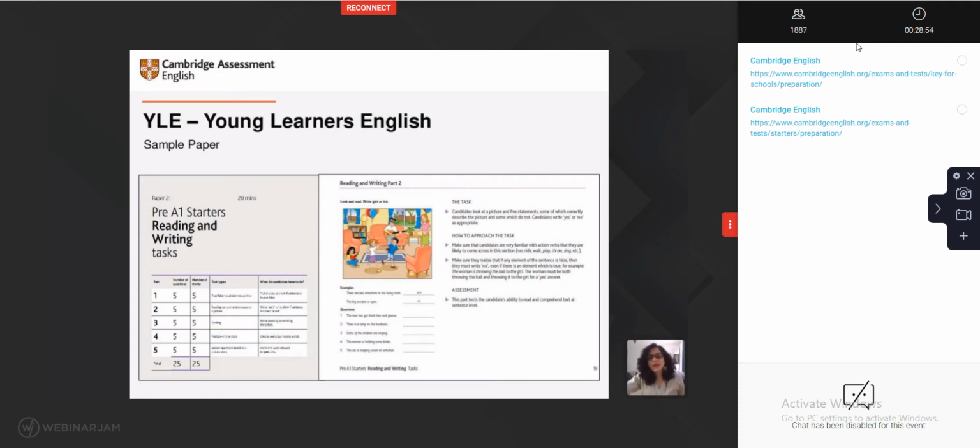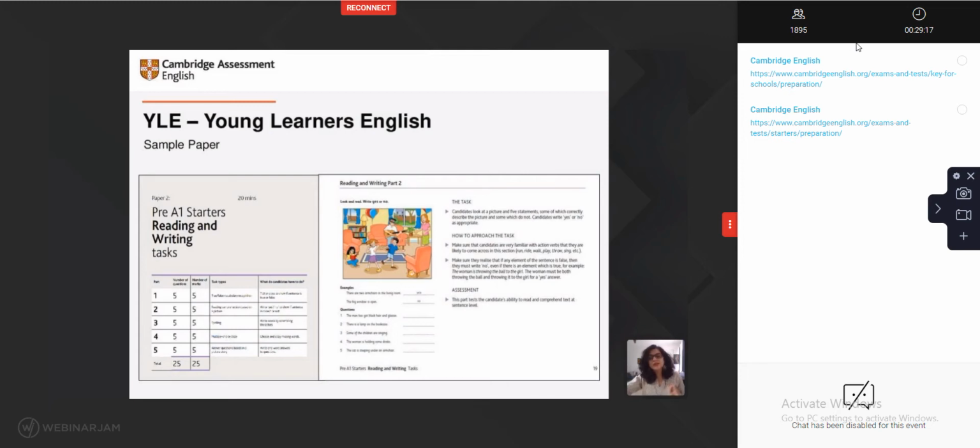Now, moving on, let's look at a particular task. Now, I know it might be a very small image. It might not be very clearly visible on your screen, but I'm just going to walk you through it, so you needn't worry. Now, at the young learners level, the tasks are extremely graphic.